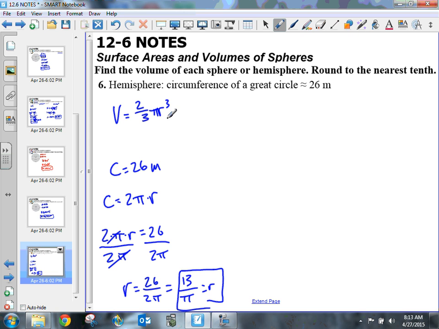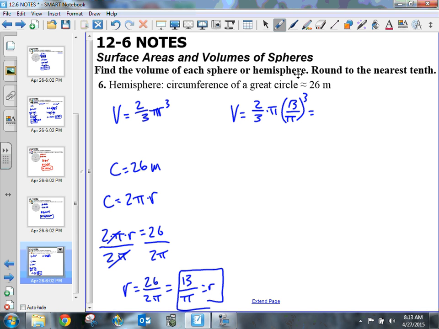And I'm going to plug this into my formula up here. Now I get volume equals 2/3 times pi times the quantity 13 over pi, cubed. And when I plug that into the calculator, oh dear, I haven't done that yet.